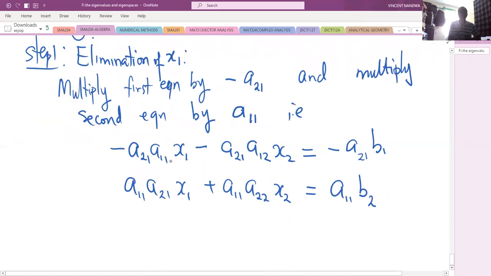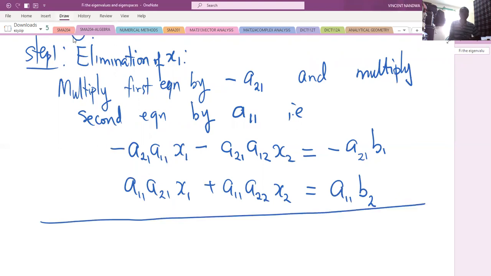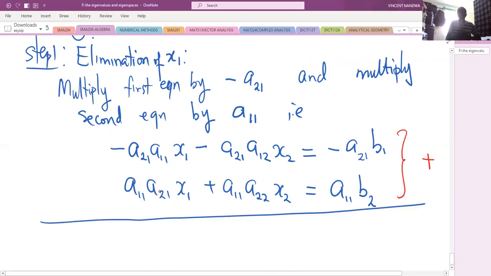Then once we have this, we add these two equations. So this plus this will actually give us 0, because minus a21 a11 is like the term a11 a21. So adding terms of different signs gives 0.